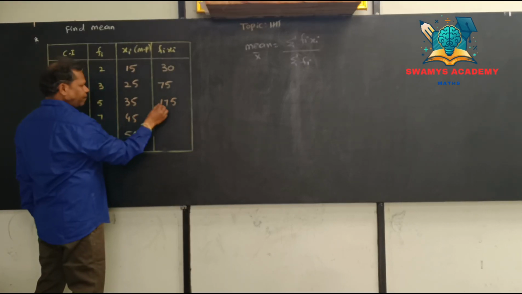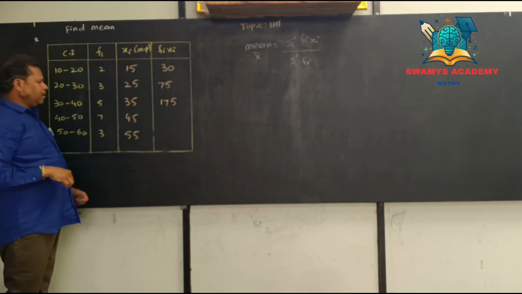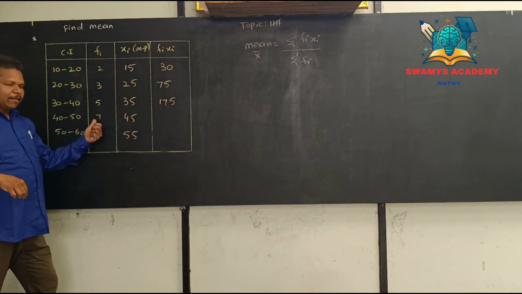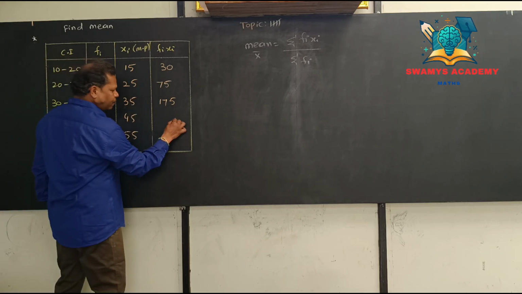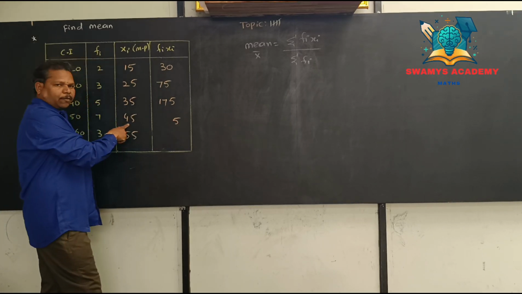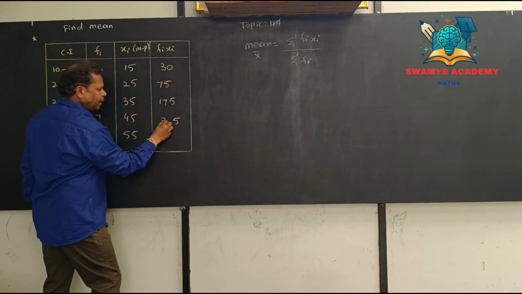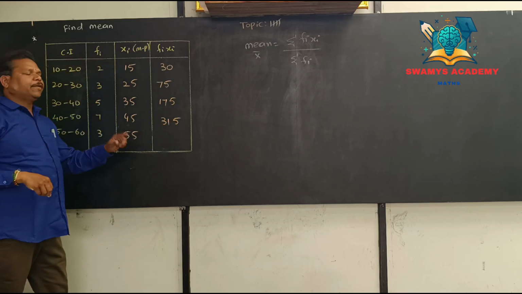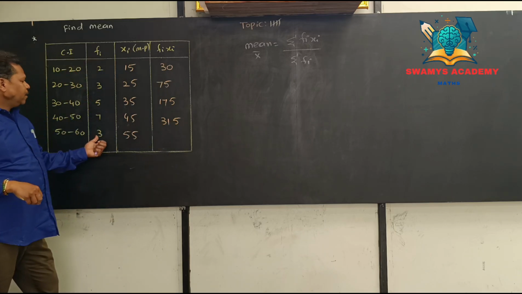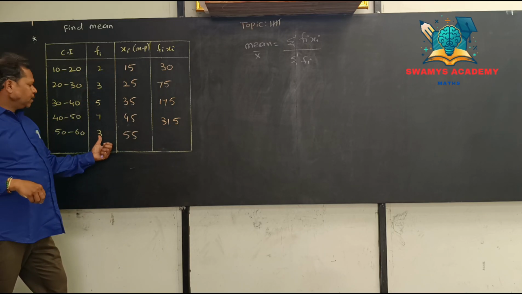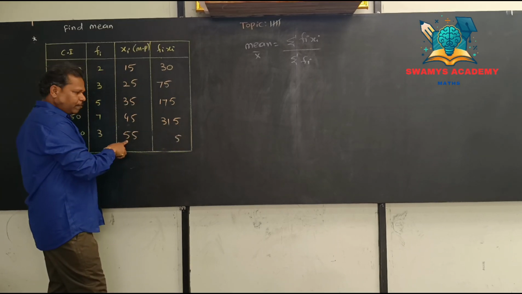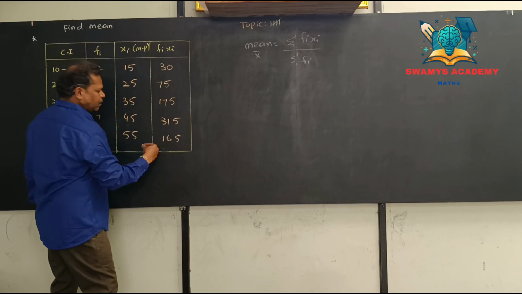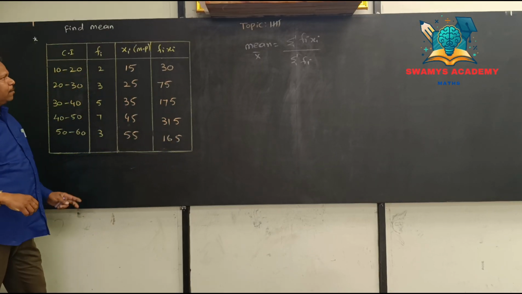Means 35 fives are 175. Next, 45 sevens: 7 fives are 35, 3 carry. 7 fours are 28, 28 plus 3 is 31. So it becomes 315. Next, 55 threes: 3 fives are 15, 1 carry. 3 fives are 15, 15 plus 1 is 16. That becomes 165.